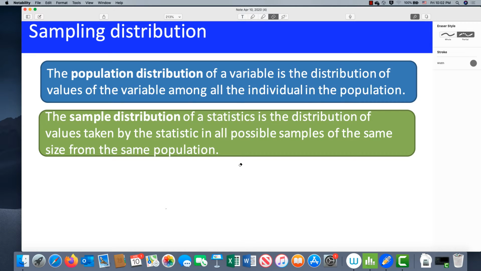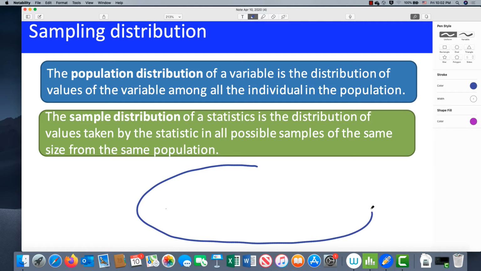So let's assume we have a population distribution in a big circle. We have many different data on it. Let's pick one sample. Say this is one sample. If we say S1, the sample 1, within sample 1 the sample size is n, okay?